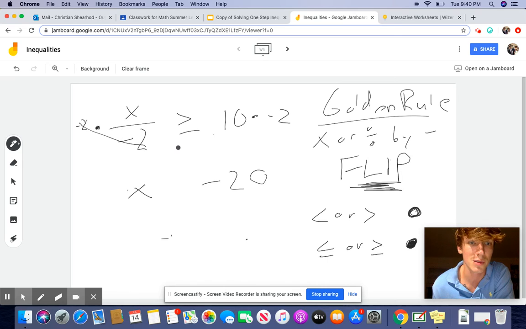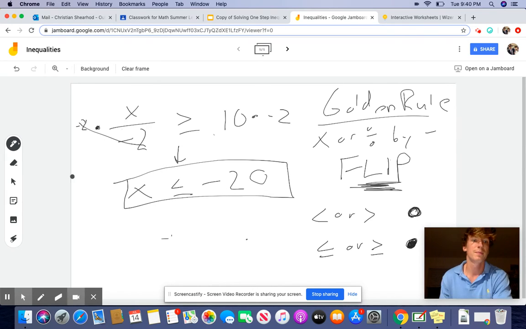What that means is we're going to change this sign. It was greater than or equal to, and now it's going to be less than or equal to. If you don't see the difference, just look at the mouthpiece, okay? This right here, the little alligator mouth, it's facing the other way. Okay, that's what we mean by flip. This right here would be your answer algebraically.